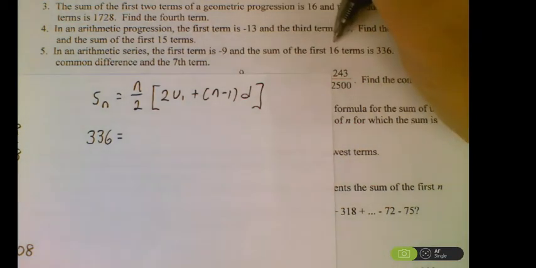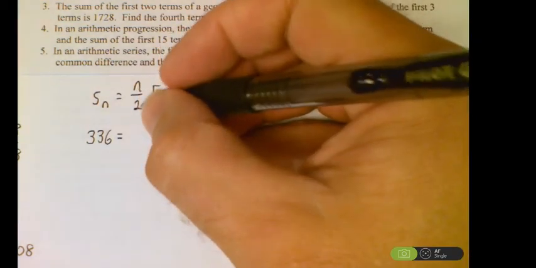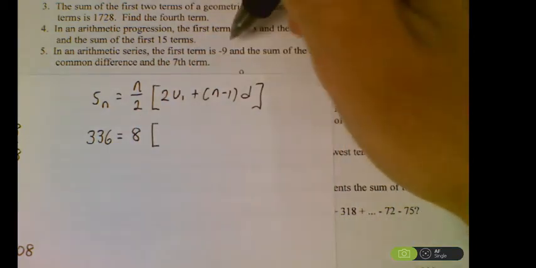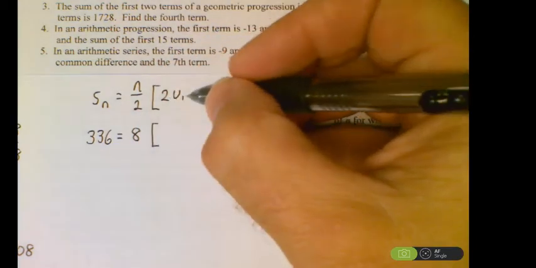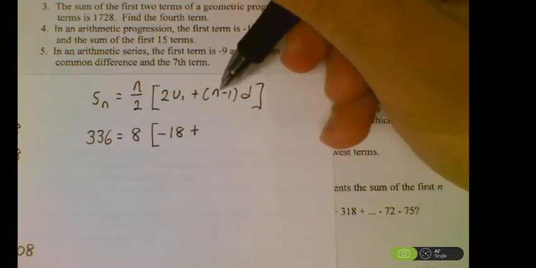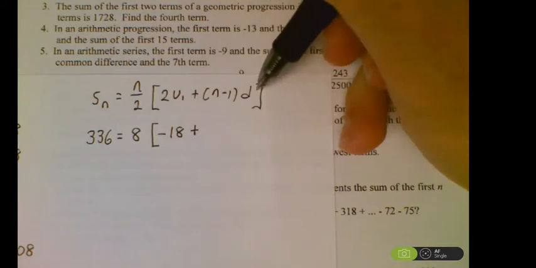We know that there are 16 terms, so 16 divided by 2. We know the first term is -9, so 2 times -9. Again, we knew that the n was 16, so 16 minus 1 is going to give me 15d.